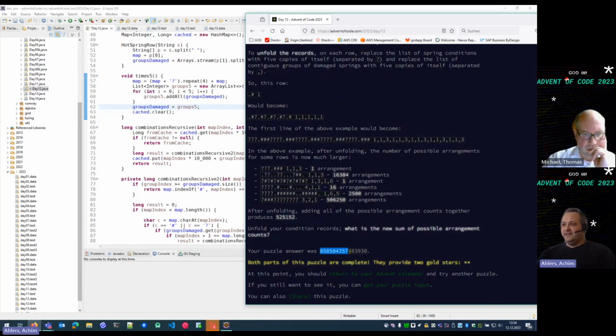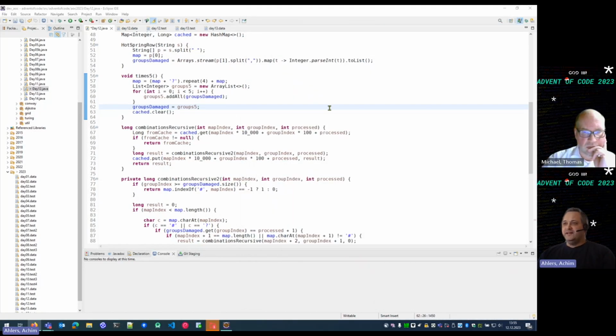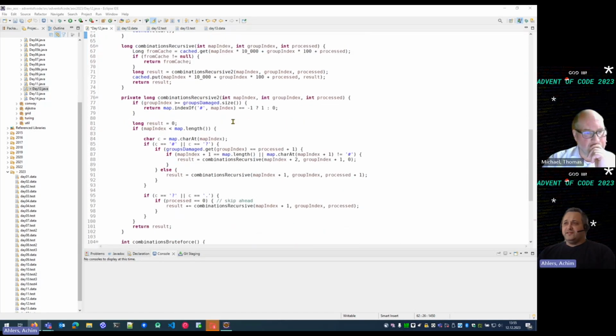And as well for the real data, they get absolutely huge. So important thing, I had to rewrite my code because it wouldn't have stood any chance.